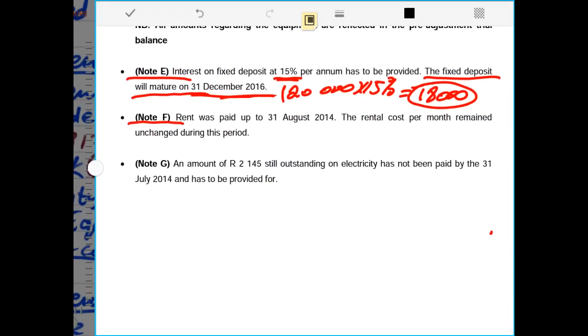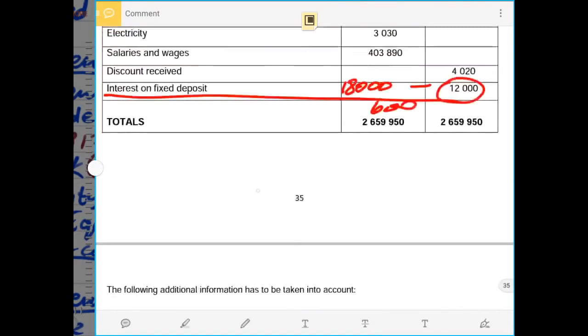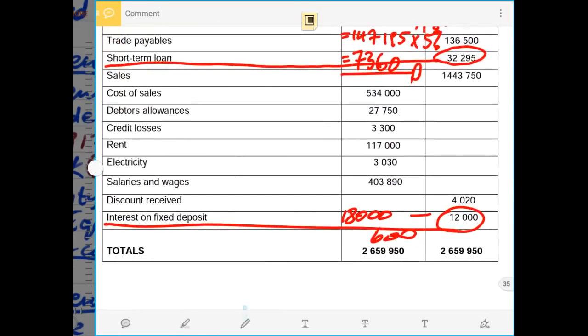Rent was paid up to 31st of August 2014. The rent cost per month remain unchanged during the year. So now it means the amount of the rent in the trial balance is paid for 13 months. So now if you see that the rent 117,000, you divide by 13, it will give you the amount of rent that was paid on a monthly basis, because it is paid up to next month.